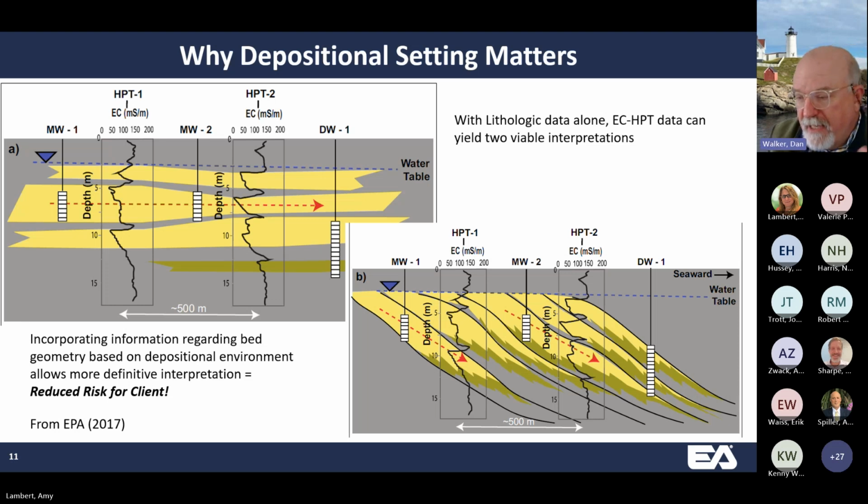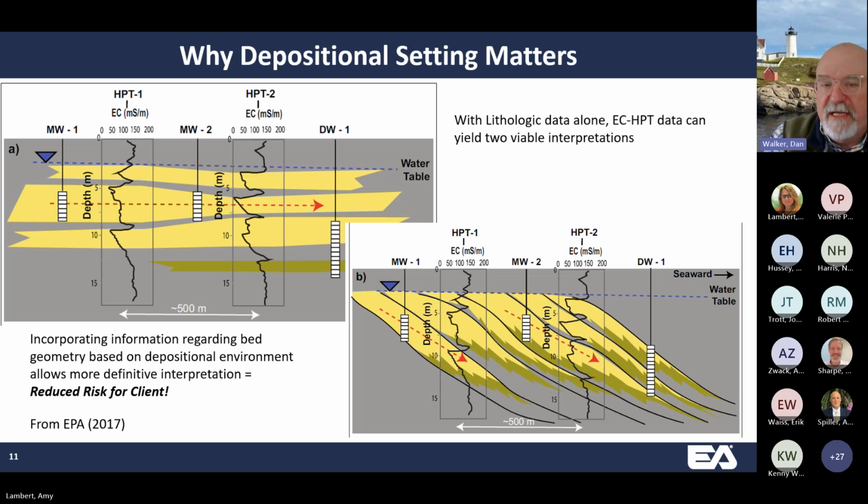All right, so let's peel the onion a little bit and really talk about it. Basically, these two slides represent two different interpretations of a single interval. We have geophysical data that tells us something about hydraulic conductivity and so forth. And then we have well locations and screened intervals where we have some geologic descriptions.